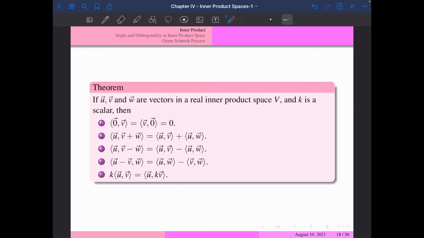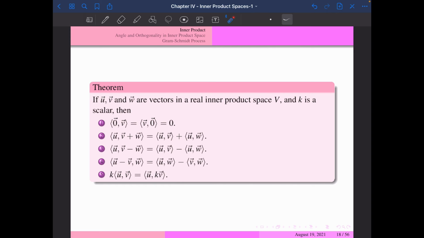So this one is a theorem: let u, v, and w be vectors in the real inner product space and k be a scalar. Then, number one, if we find the inner product of the zero vector with any vector, the result is equal to 0.